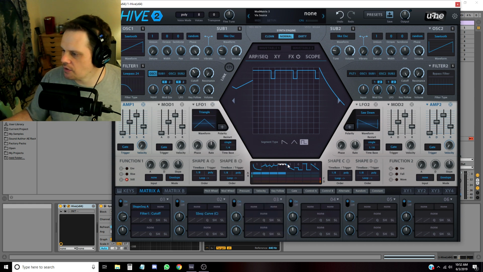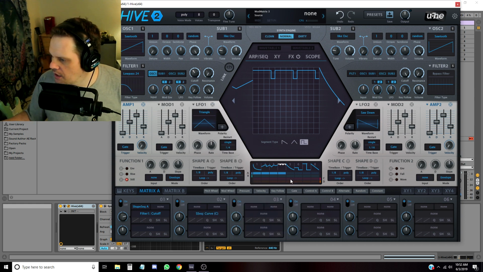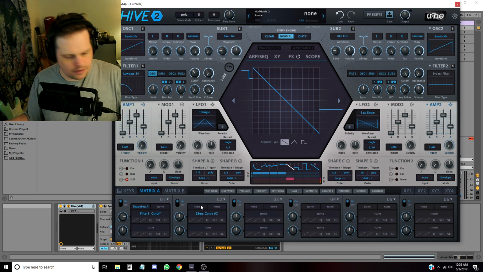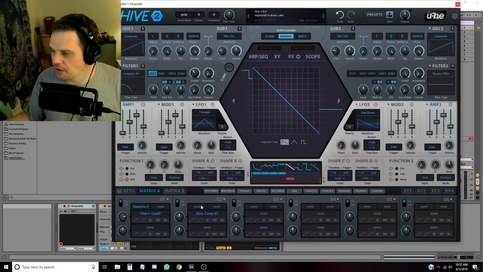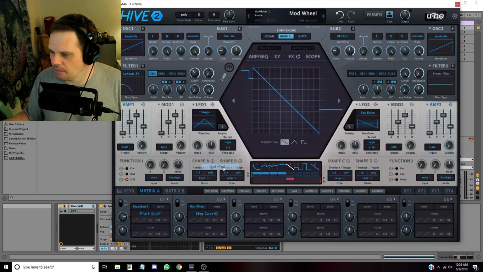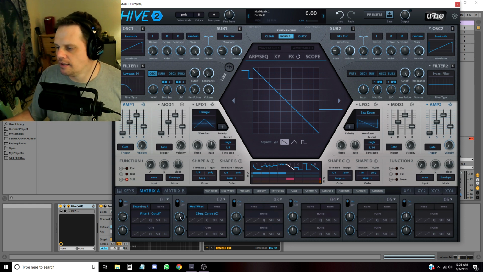Okay, so I think it's interesting that as targets, they picked certain things to modulate. So let's go into C here, and let's just double click to get to just the regular linear slope. And I don't think it visualizes the modulation of the slope, but let's see if it does. Mod wheel, I don't think it will. It doesn't. It doesn't show the modulation of the slope, but it will modulate it.